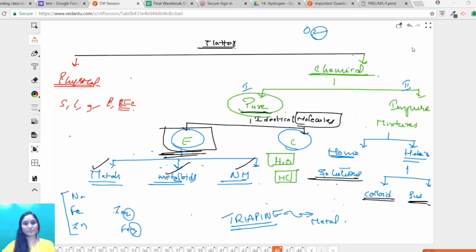Arrangement of elements has been happening for the past 120 years and more. I can say from the middle of the 18th century it has been happening, with many flawed theories, many updations and all that. So for 100 to 130 years, research on the arrangement of elements has been happening. Do you believe this? Arrangement of elements is that tough. So we are going to talk about the arrangement of elements in the periodic table today.